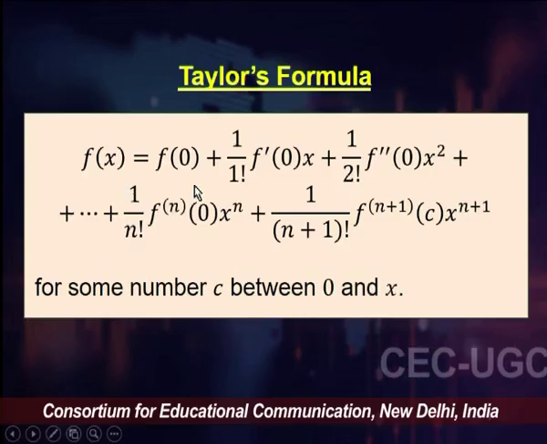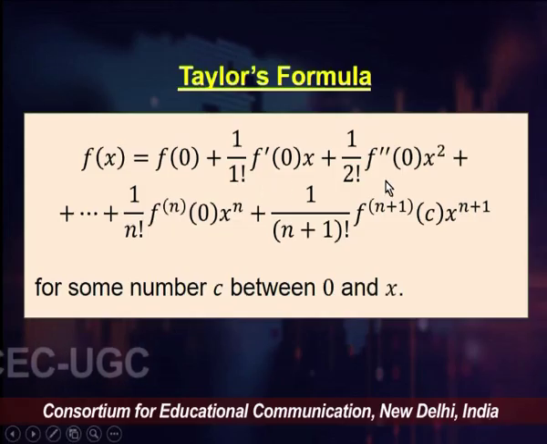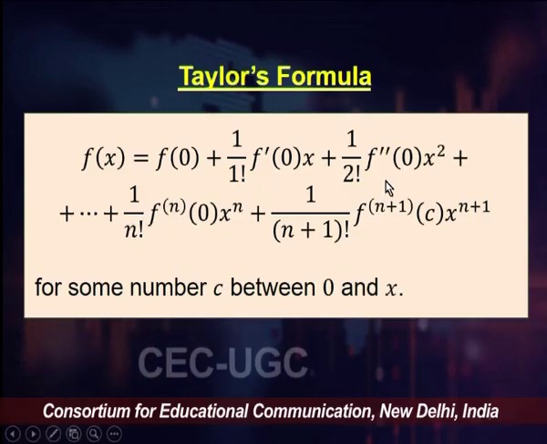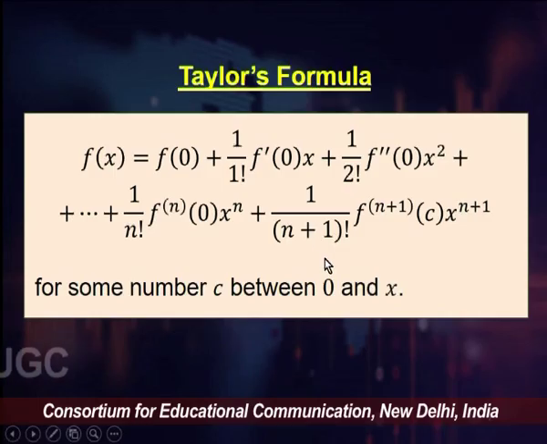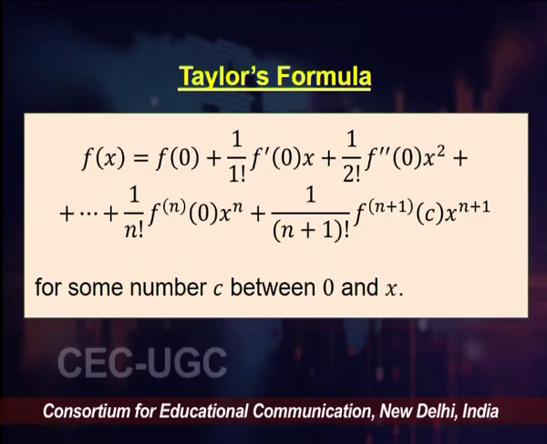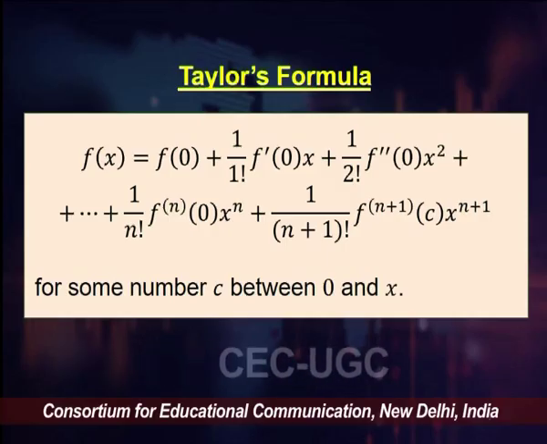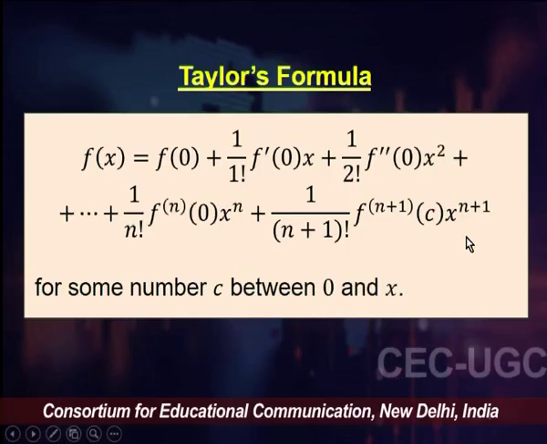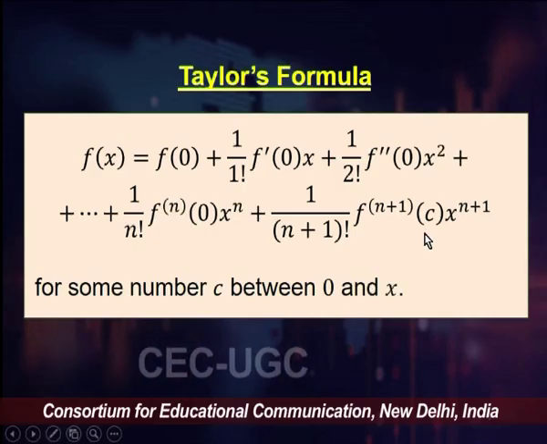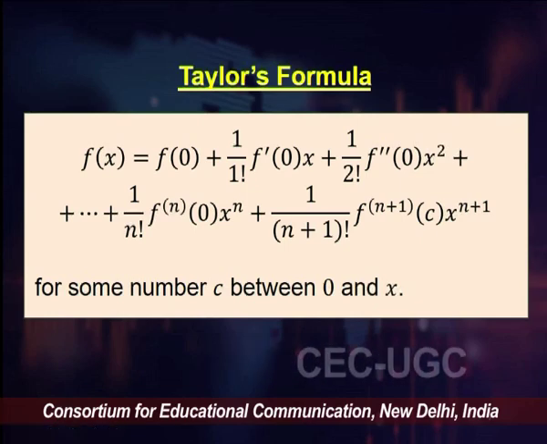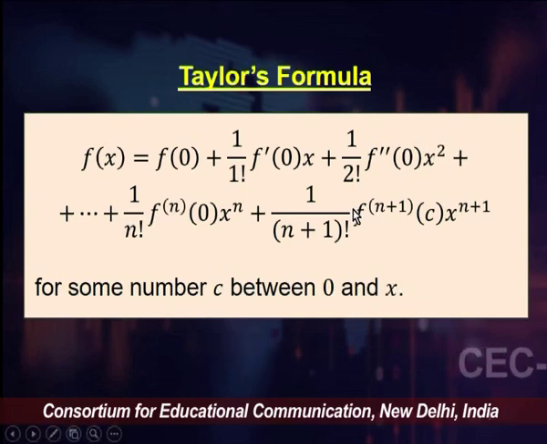So, f(x) is exactly now equal to f(0) plus f prime at 0 times x plus 1 by 2 factorial f double prime at 0 times x squared and so on till the nth term, plus the remainder term, which is now 1 divided by (n+1) factorial times the (n+1)th derivative of the function evaluated at c times x to the power n+1. This is something you must note here, that the (n+1)th derivative is evaluated at c for some number c between 0 and x.